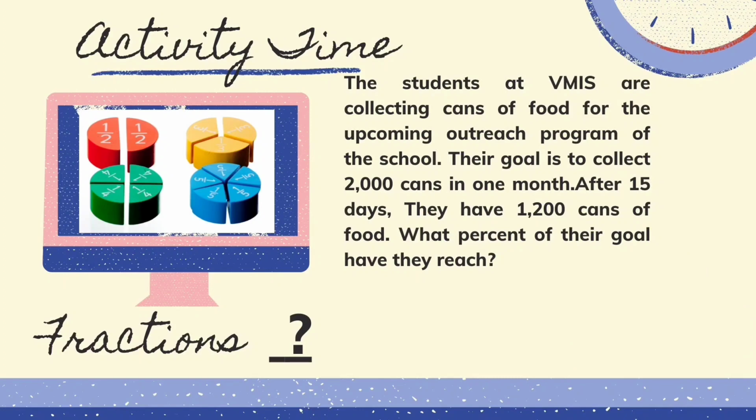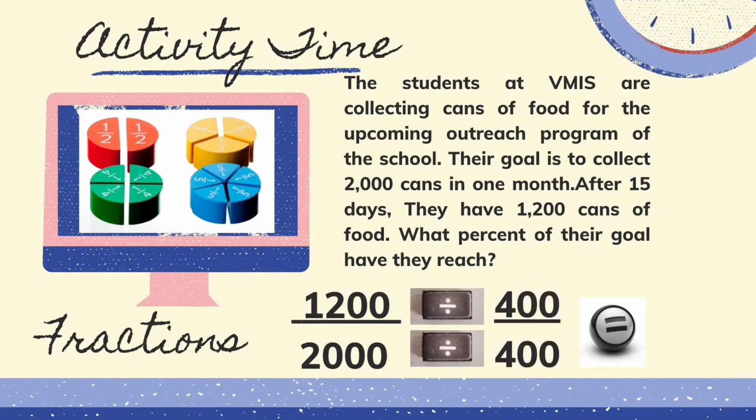The first thing we can do is find the fraction. The fractional part will be 1,200 over 2,000, since 1,200 is a part of 2,000.